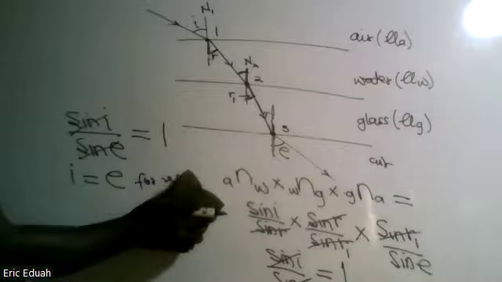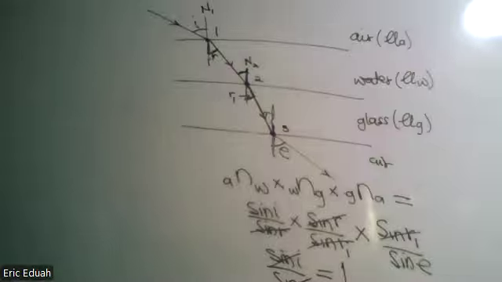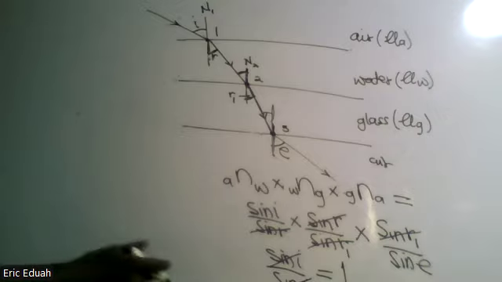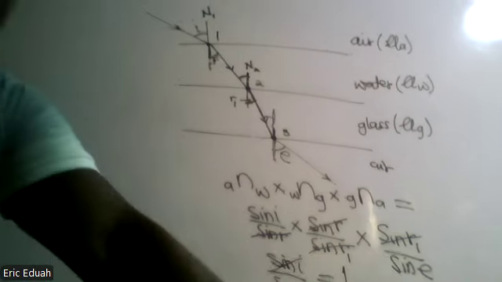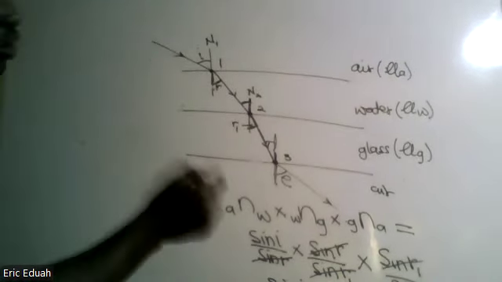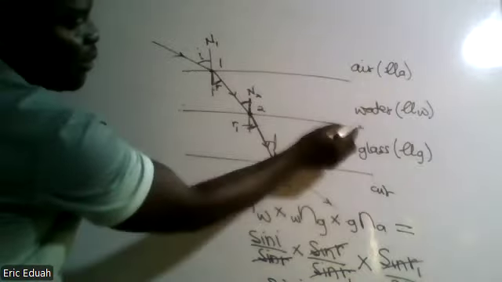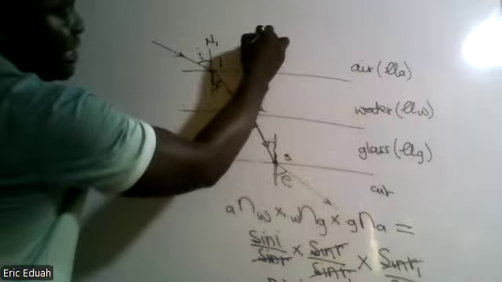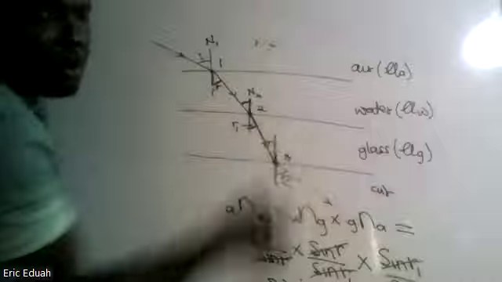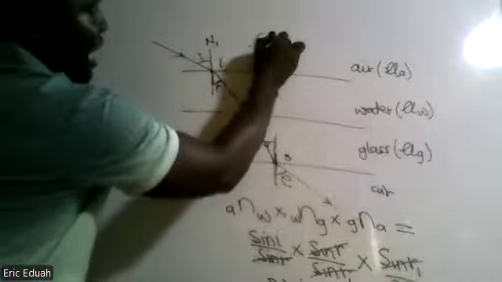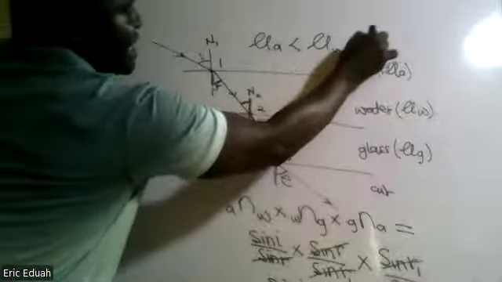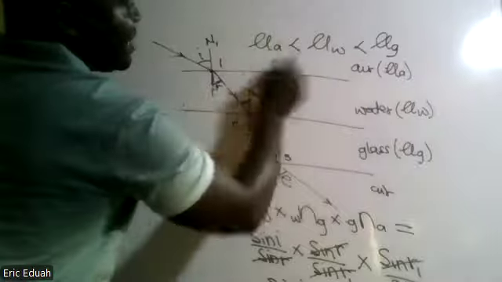So when you have 3 materials or media joined together, the product of their refractive indices in that orderly manner is equal to 1. But it works on the condition that here we have increasing refractive indices. The mu of air is less than mu of water and it's less than mu of glass. So this is the condition.